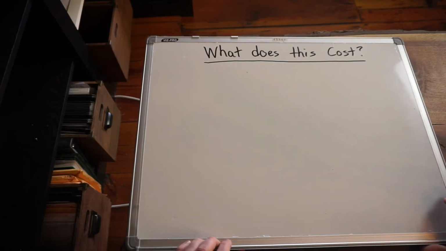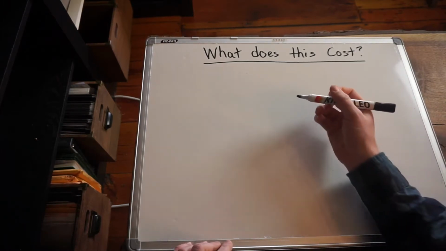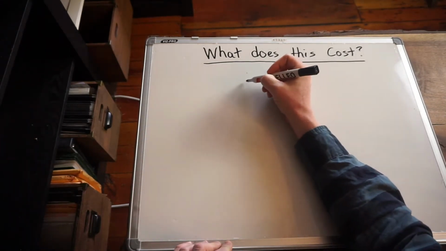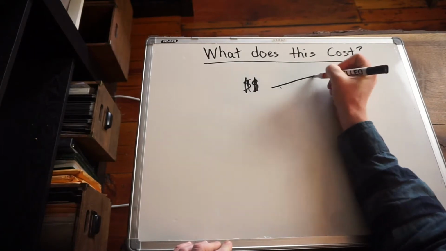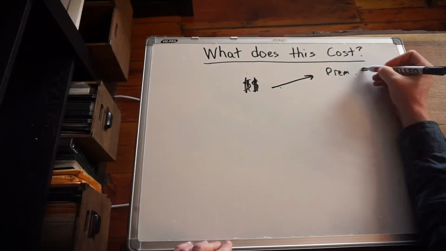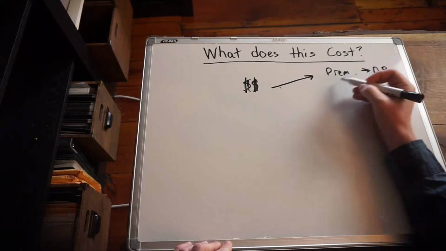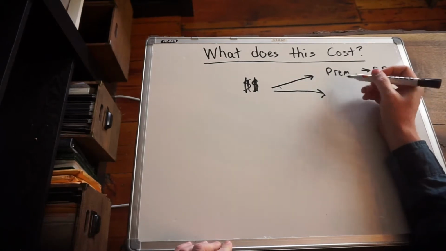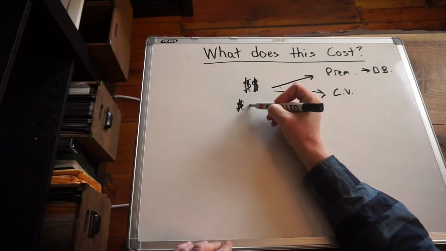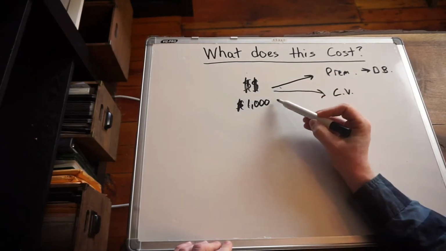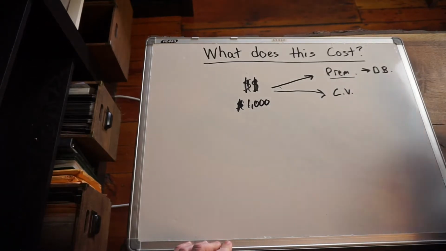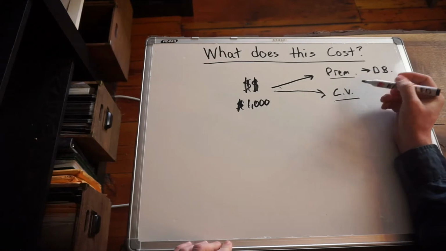So in essence, to talk in really round numbers, when we talk about where money can go in a policy, it can go first to the premium, which is the expense that buys you the death benefit, and it also goes to something called cash value, right? So if we were to contribute $1,000 to a policy, we would want, in a perfect world, the smallest amount to go to the expense and the most amount to go to cash value.